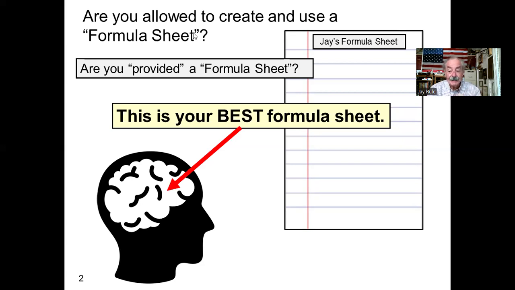And so I want to remind everybody that this is your best formula sheet. What you have in your head ready to go, more than memory, is something you've learned as a result of doing the homework problems, paying attention in class, taking notes in class, and basically putting all the material in the class together in your head. So your best formula sheet is your head.